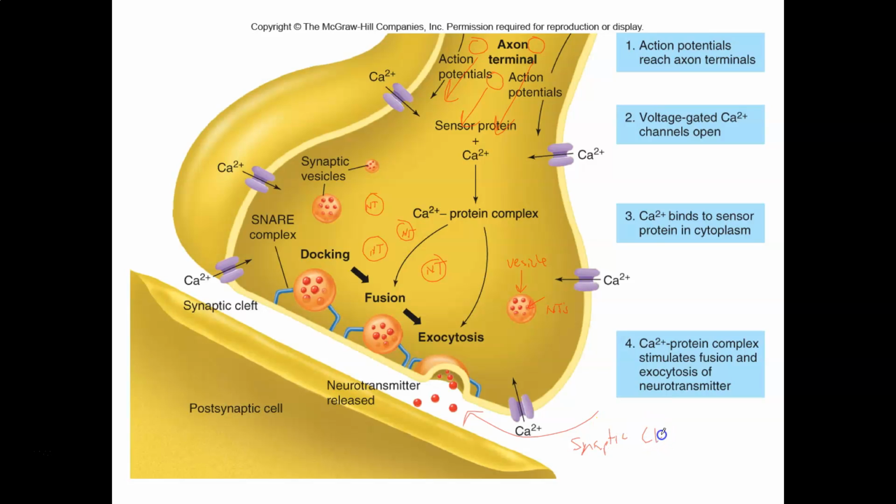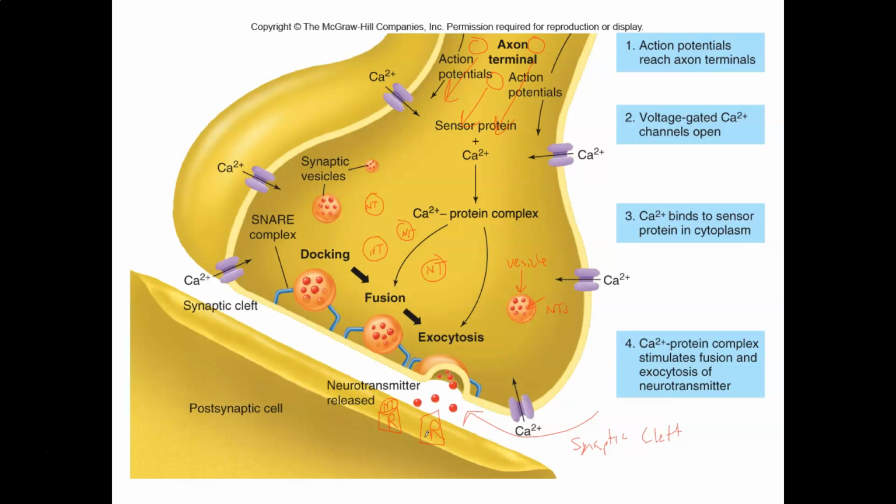Because you can't activate the receptors, so we need receptors on the postsynaptic side. You can't activate the receptors unless you release the chemicals from the axon terminal. So there needs to be a mechanism for exocytosis of the neurotransmitter so that it can diffuse across the synaptic cleft and therefore bind to receptors on the postsynaptic side.